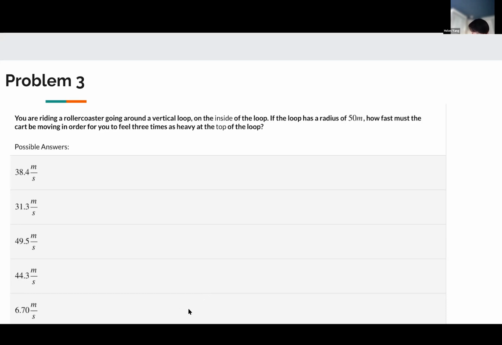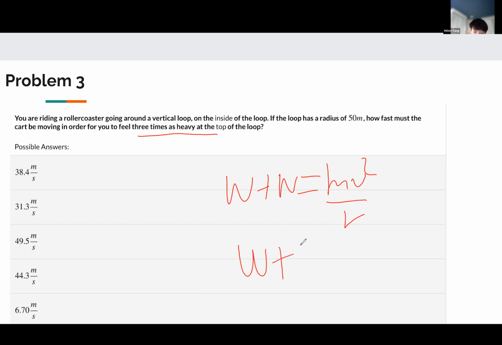To do this, we'd use the weight plus the normal force is equal to mv squared over r. Since you're trying to find 3 times as heavy at the top of the loop, it would be the weight plus 3 times the weight is equal to mv squared over r.